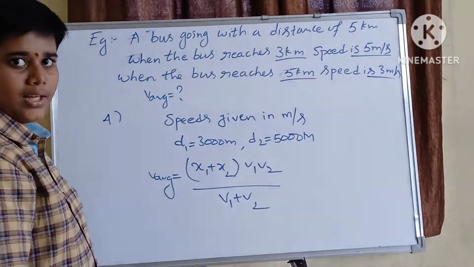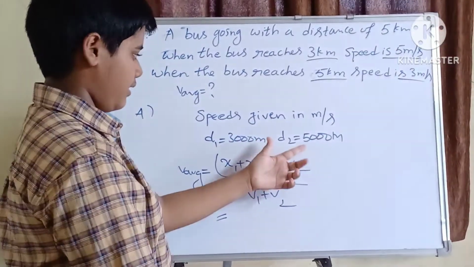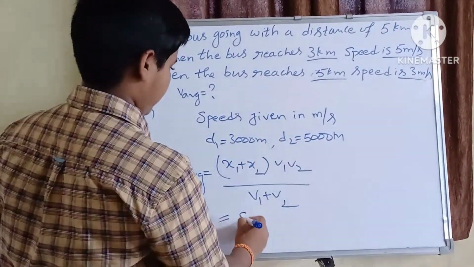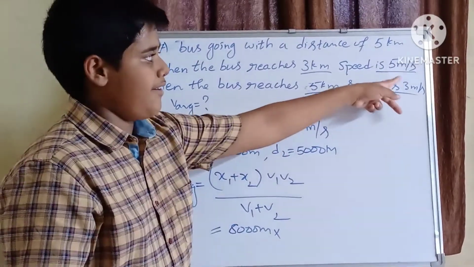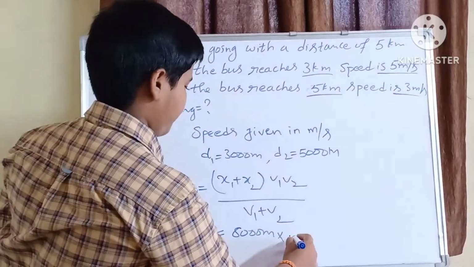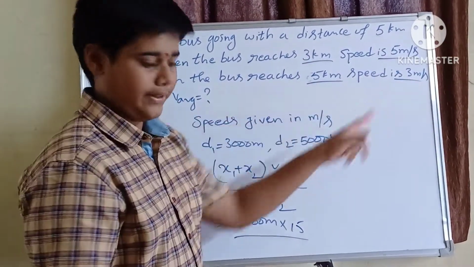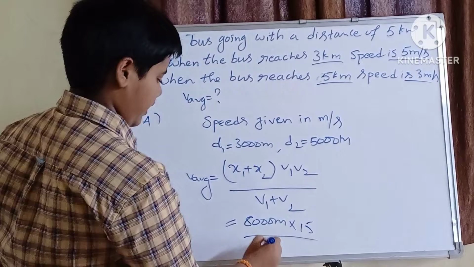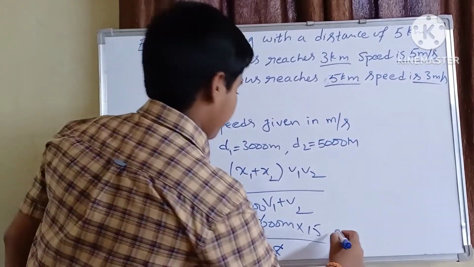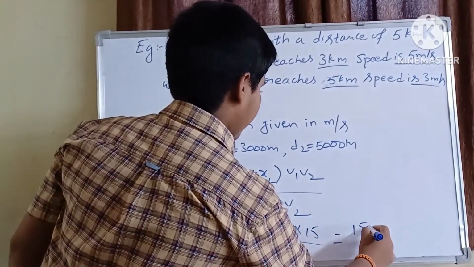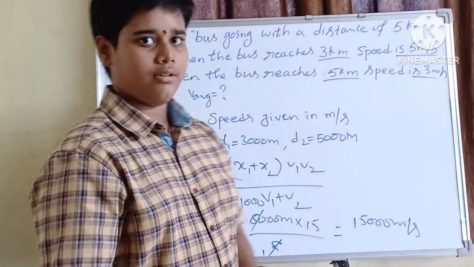Then x1 plus x2 is 3000 plus 5000, 8000 meters, into V1 V2, 5 into 3 is 15, by V1 plus V2, 5 plus 3 is 8. So 8 divided by 8 is 1, leaving 1000 times. So what is V average? 15,000 meters per second.